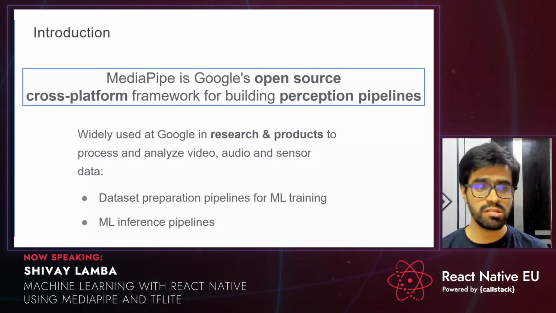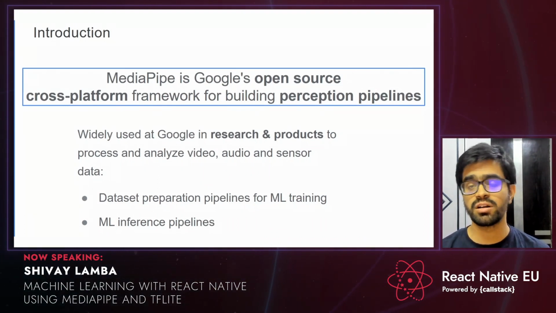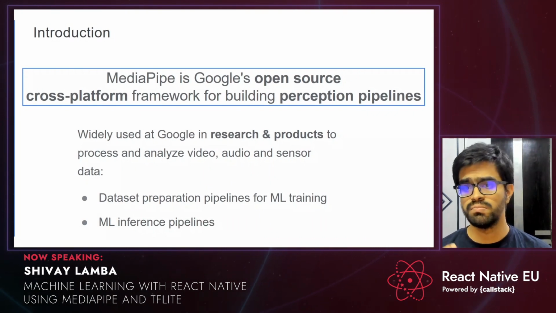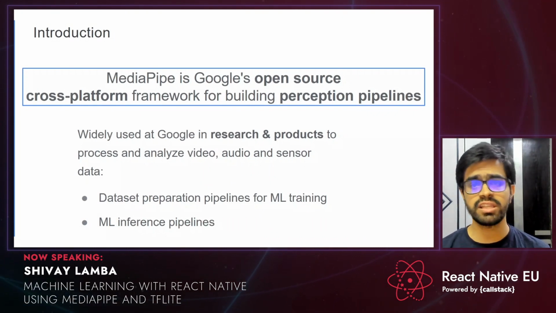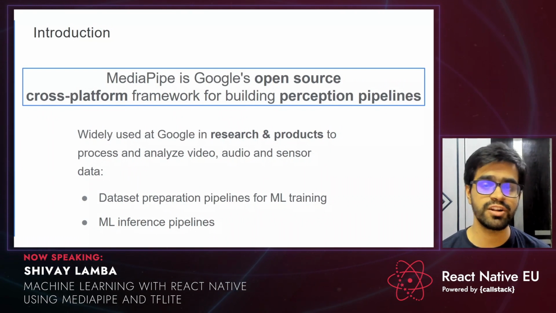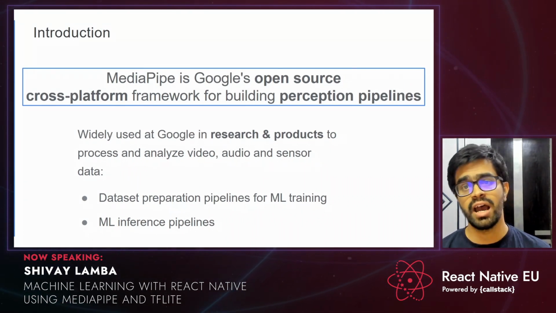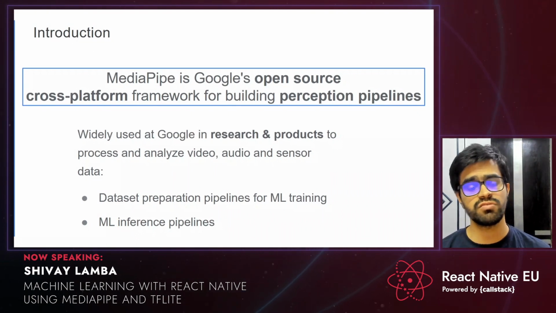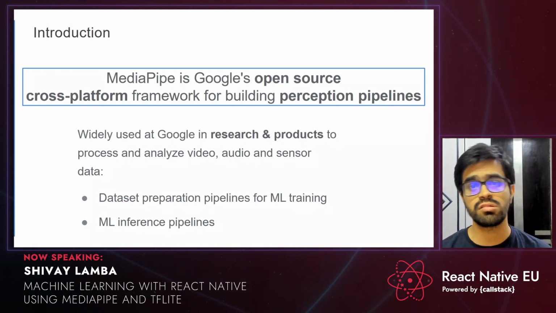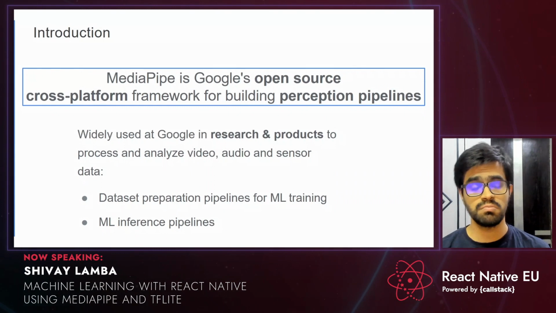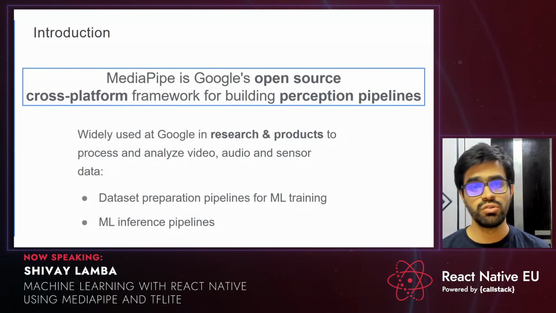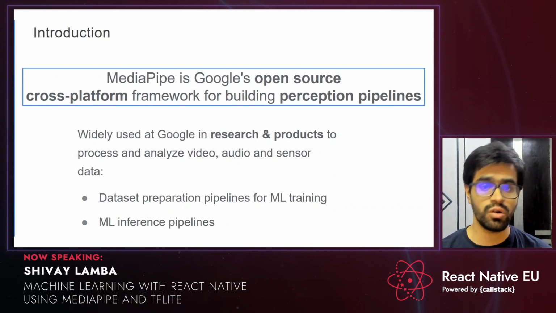MediaPipe is an open source cross platform framework provided by Google that helps to build perception pipelines, or we can also say it helps us build a lot of different audio, visual, and video based pipelines. It is widely used within Google for a lot of its research and products. Probably till 2018, it was internally used by Google and not really known by a lot of people.